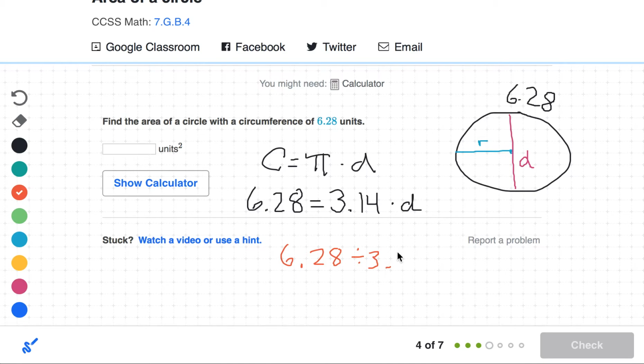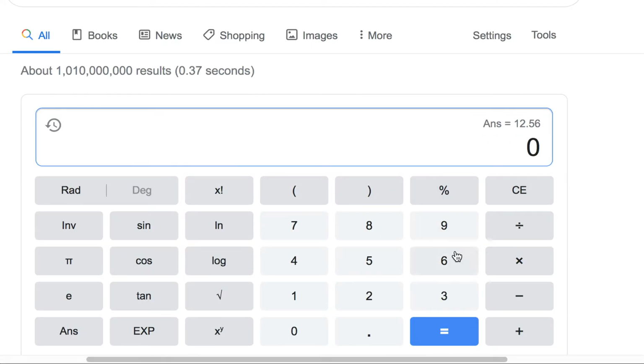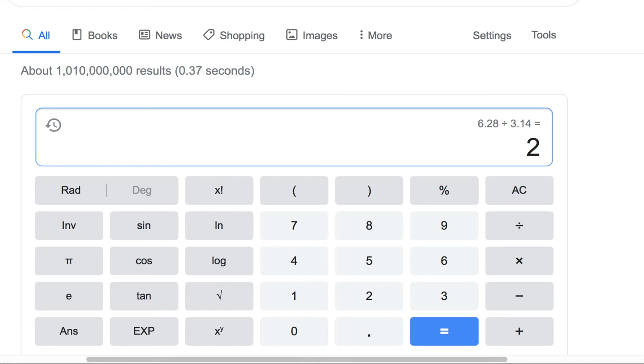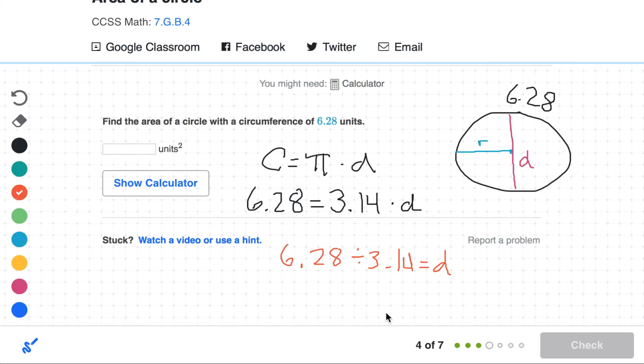So we're working backwards from circumference to get to diameter. And I can see that's going to be 2, but if I didn't see that, I could use this calculator here. And so we just found that the diameter is 2. And now we can back it up one more step to get that the radius is 1.